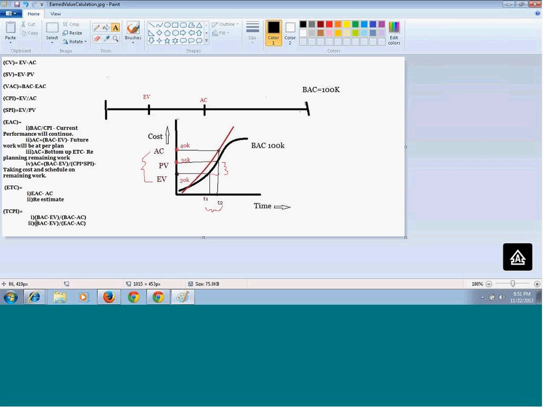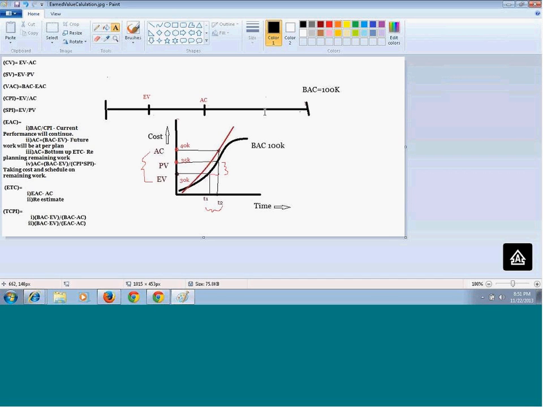Now the other formula: you may not meet this particular case because you have very little amount to spend. So you have already calculated the estimate at completion. Let's say your budget is approved, the estimated budget is approved and you got more money. Then your to complete performance index with that amount will be your remaining work, which is again BAC minus EV, divided by the estimate at completion minus actual cost.